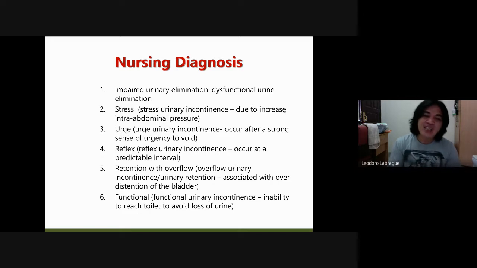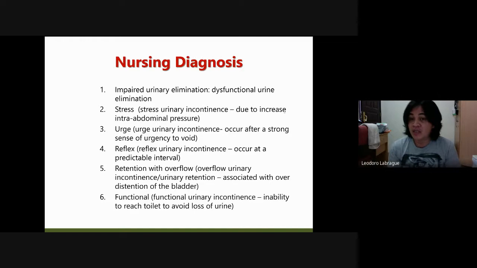The second type of urinary incontinence is urge incontinence. Normally it occurs after a strong sense of urgency to void. Look at the words strong sense. I do not know if you experience this one. Suddenly, you feel a strong urge to urinate that you cannot control and you have to run to the washroom.